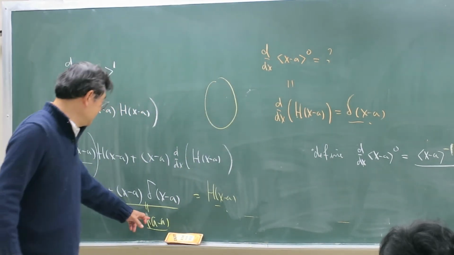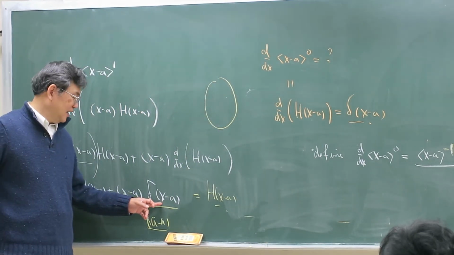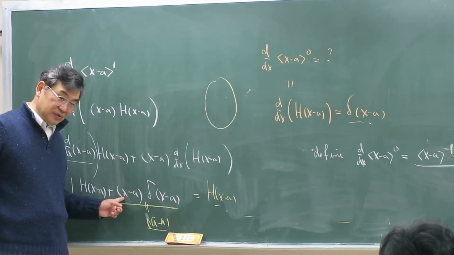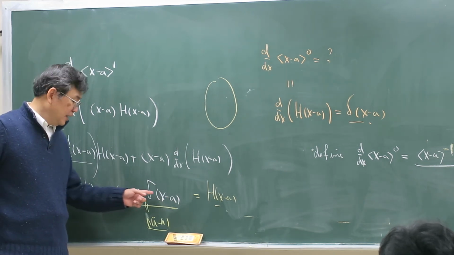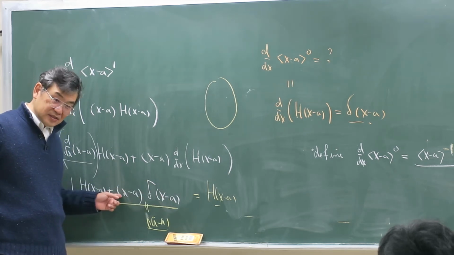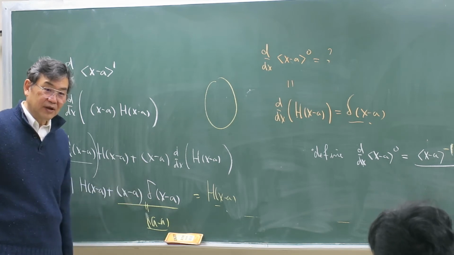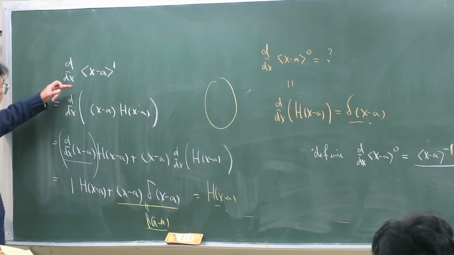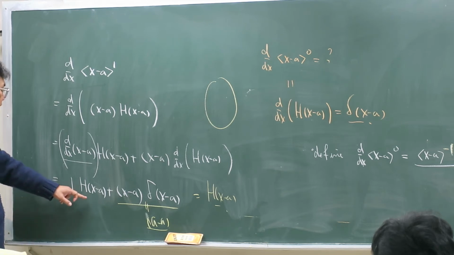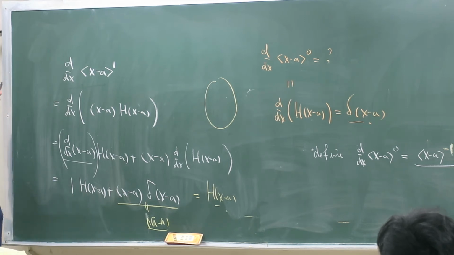So when x equal to a, this is infinity, and this equal to 0, still 0. For x not equal to a, this is 0. That's why the first derivative of this is the Heaviside function.